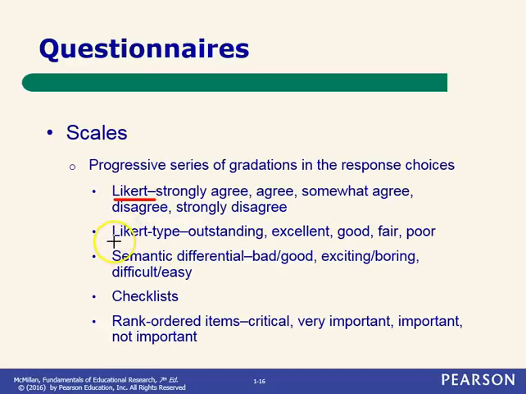And then we have what's known as Likert type scales, which is a scale that's based on the strongly agree to strongly disagree scale, but with some different wording, and could include something that's akin to a neutral. So here in this scale, good, we could potentially interpret that as neutral if we're the test taker. We might ask individuals to rate their preferences or their responses based on semantic differential.